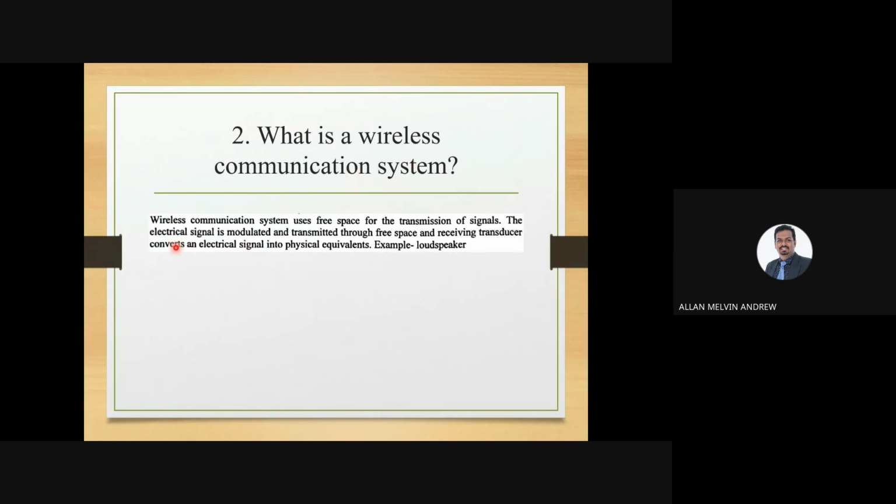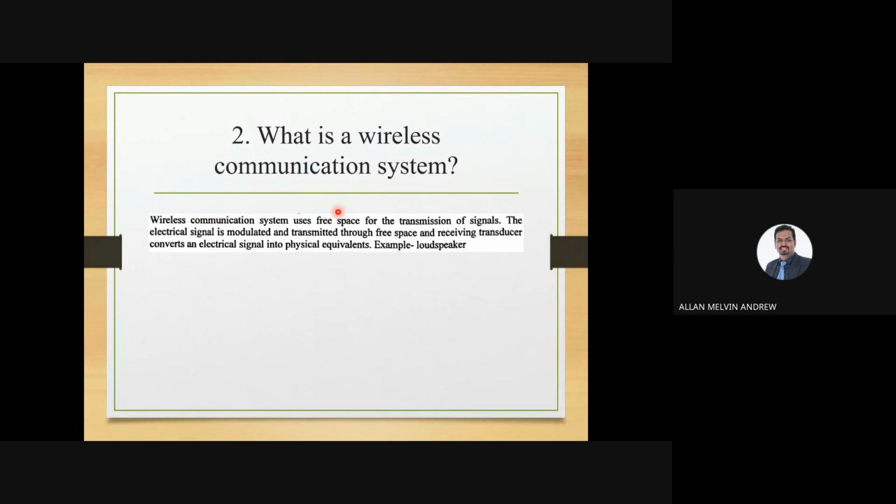The answer given here: a wireless communication system uses free space for the transmission of signal. You can compare wireless with wired. Wired is through a connected cable or wire, and wireless uses free space. Free space can be anything.